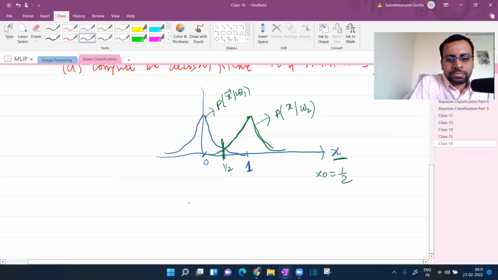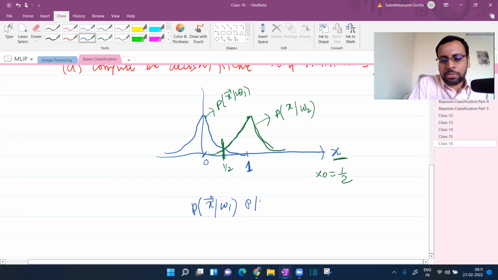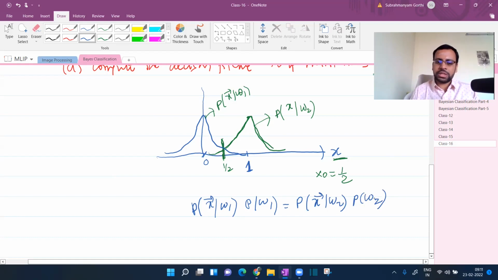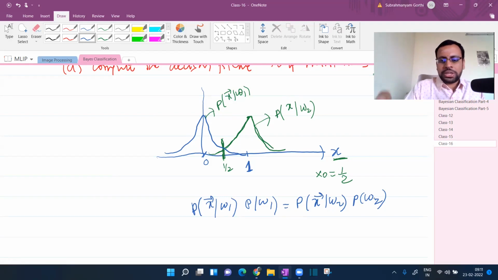Probability of x bar given omega 1 into probability of omega 1 should be equal to probability of x bar given omega 2 into probability of omega 2. Is it not? Or you could bring everything to one side and then make it 0.